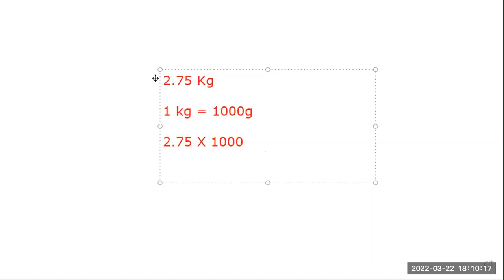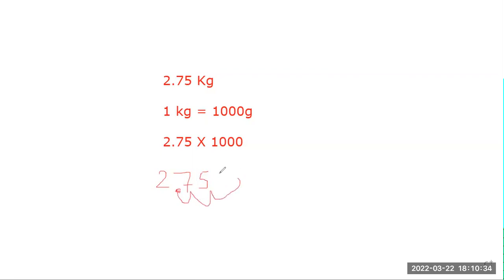When we multiply by 1,000, we shift the decimal point 3 places to the right. So the decimal point would be here originally. We shift 1, 2, 3. So we need to put a 0 here. The decimal point would go after that. So we would get 2,750 grams.